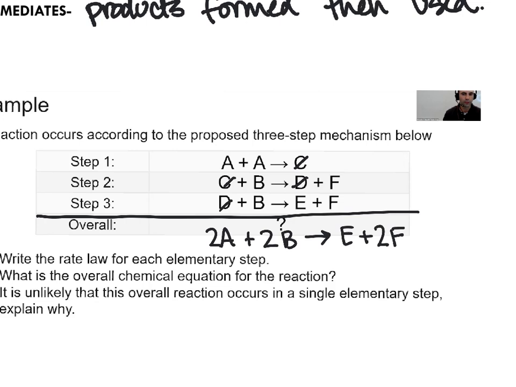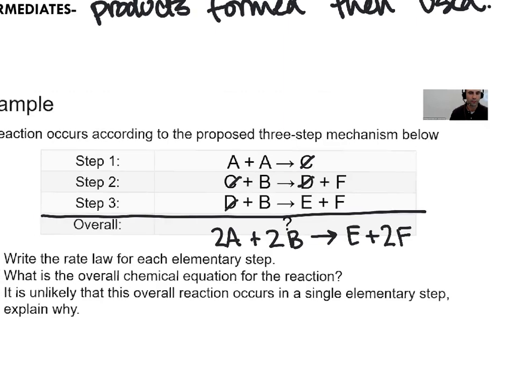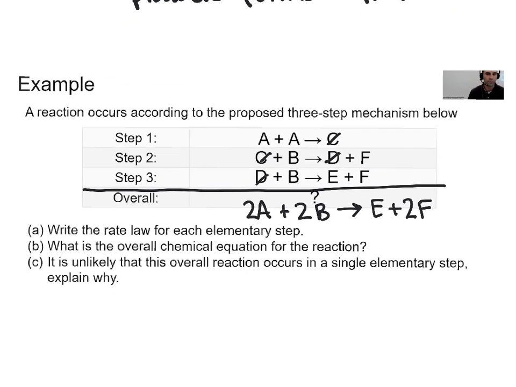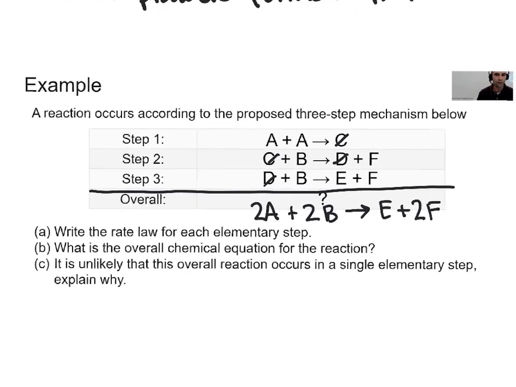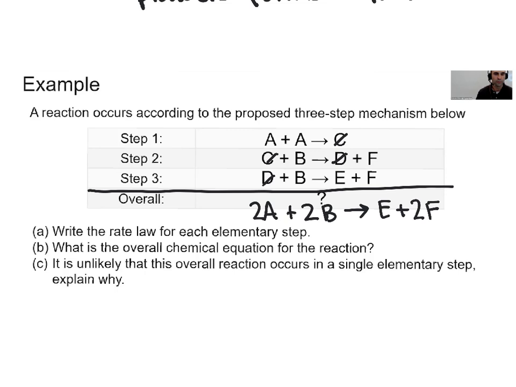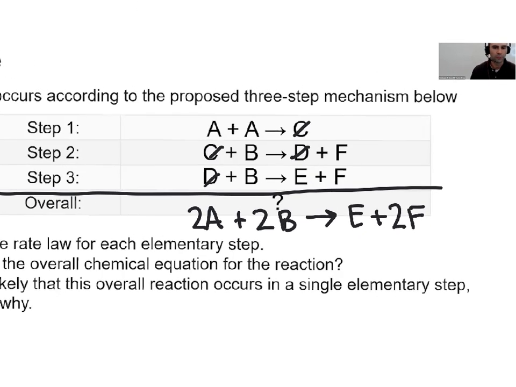Making sure I can cancel out. And it wants us to write the rate law for each elementary reaction, okay? So that would be our differentiated rate law.